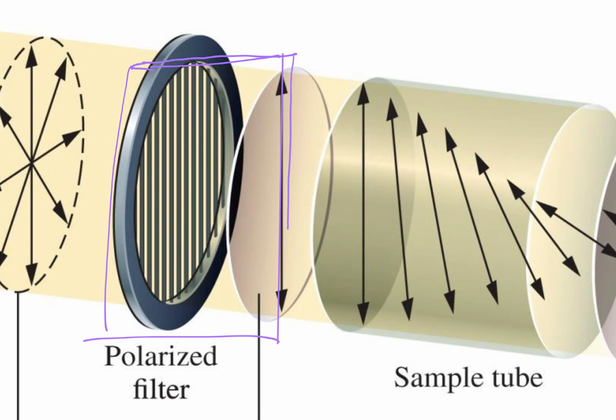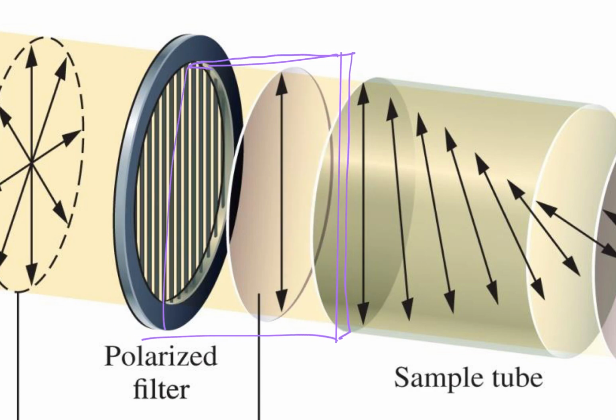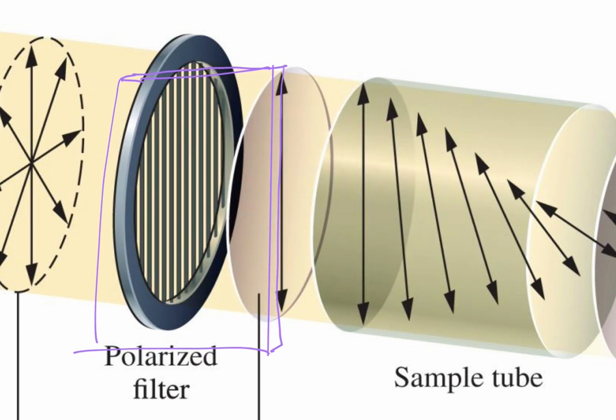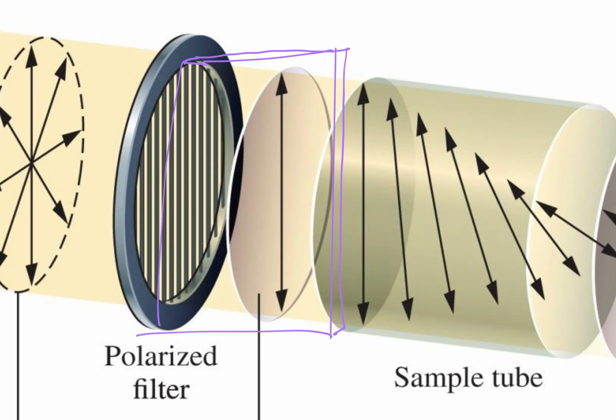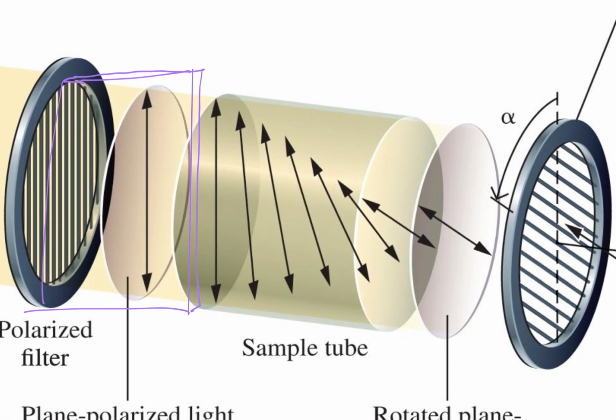I know I'm making it 3D, but it's a plane that's going to pass through that filter, and then that light is going to hit this chemical inside of a sample tube. Since the light has been plane polarized, it's going essentially just up and down through it, it's going to hit this in that same direction always.